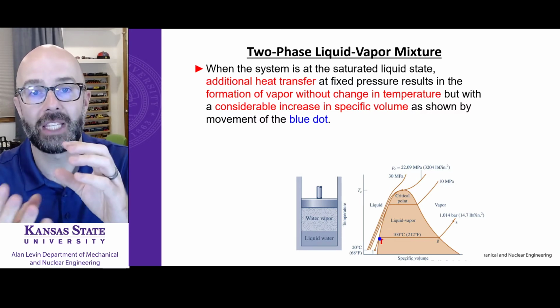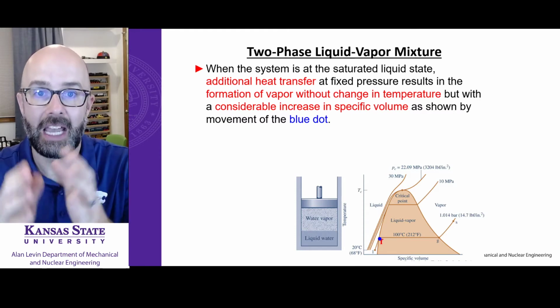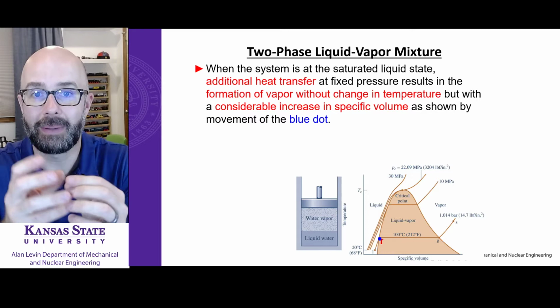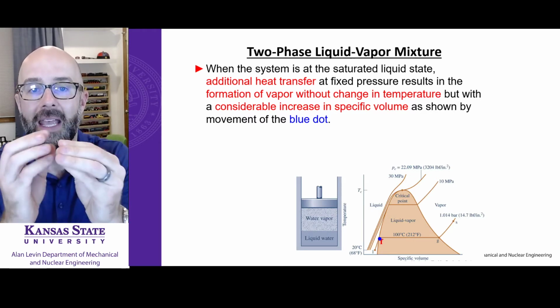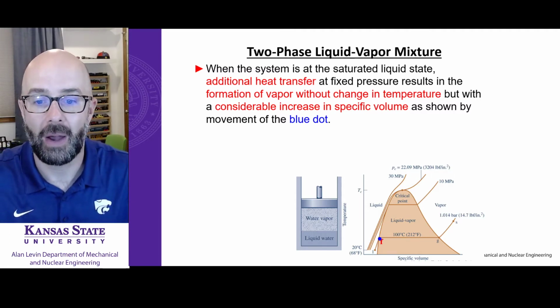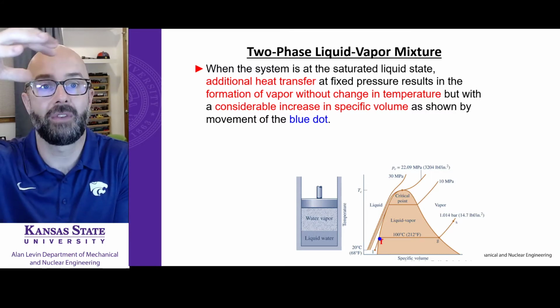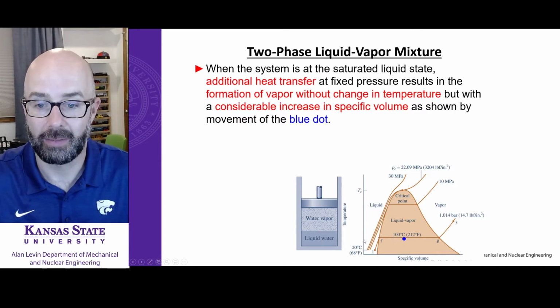All the heat transfer now added is going to be put into changing the state, changing it from liquid to a vapor. So that's where that tipping point has happened. Now we're as liquid as we really are, and as we add more heat to it, some of that liquid is going to change into vapor. As that vapor is created, our specific volume is going to change considerably as we're moving across this line.